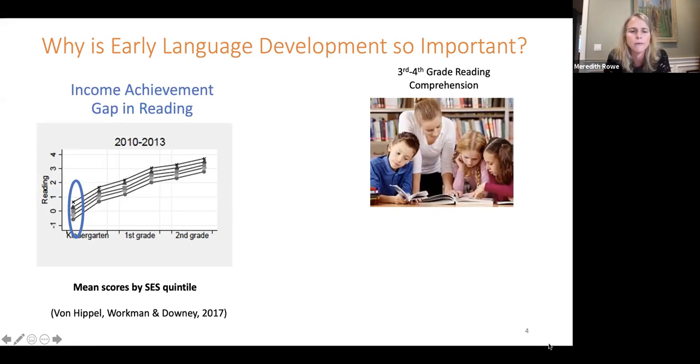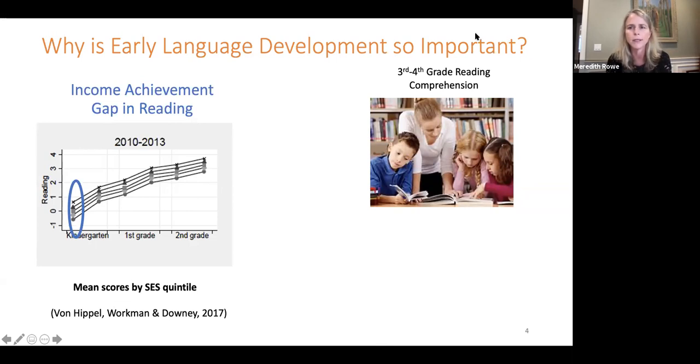And we see that from the beginning of kindergarten to the beginning of third grade, there's a pretty consistent achievement gap in reading based on income level. Again, this is from the United States, but each line in this graph represents a quintile of socioeconomic status. The highest line is the children from families with the highest level of income, and the lowest line is the lowest level.